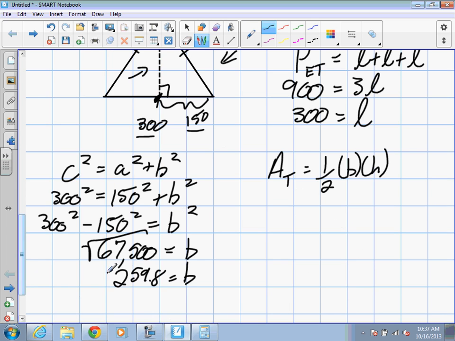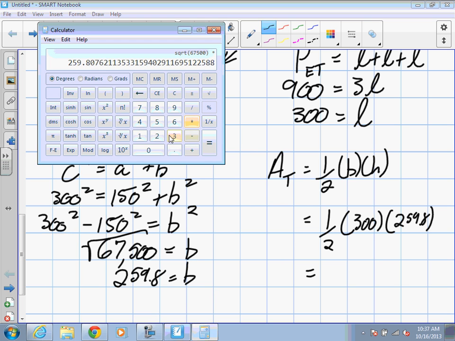So 1/2 times 300. What was the height? 259.8, roughly 260. Okay. So I'll take that number, multiply it by 300, and then multiply it by 1/2, which is the same as multiplying by 0.5. 38,971.